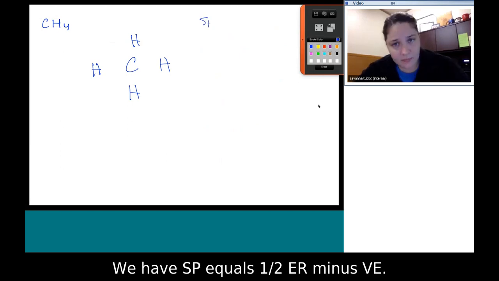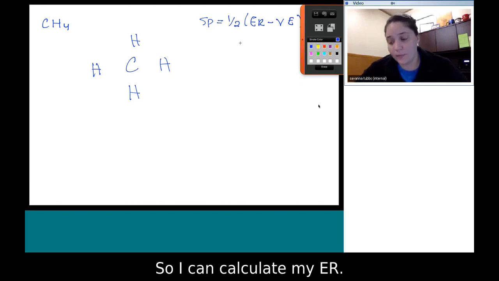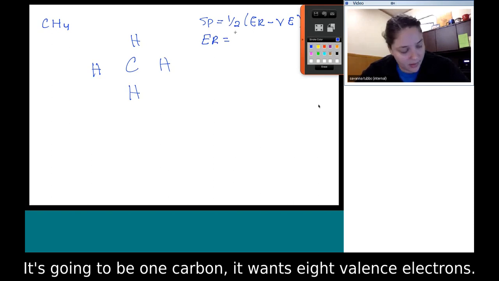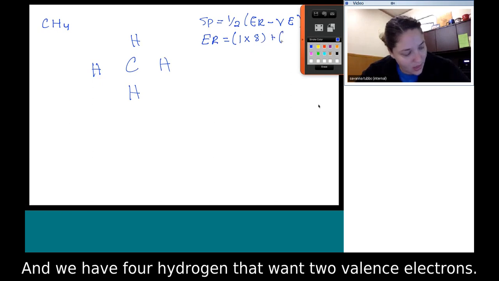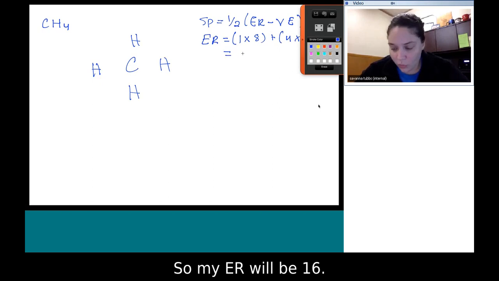We have SP equals 1/2 (ER minus VE). So I can calculate my ER. It's going to be 1 carbon. It wants 8 valence electrons. And we have 4 hydrogens that want 2 valence electrons. So my ER will be 16.